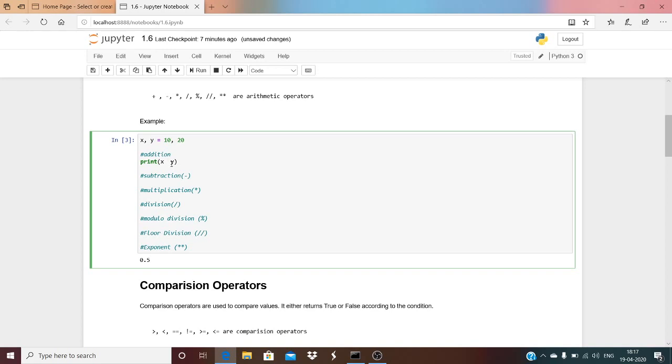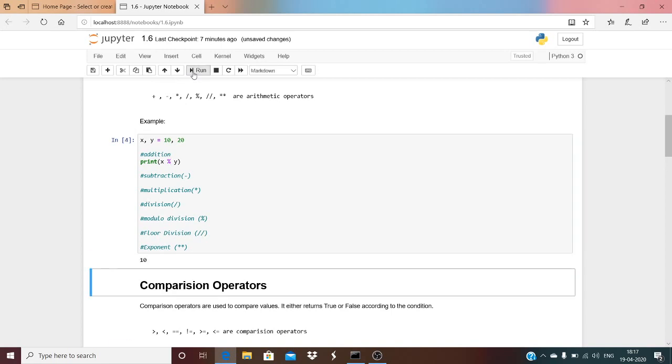X percent y. This means when we divide x by y, what remainder does it give? The remainder is given by percent. So 10 is the remainder given when we divide x by y. Okay, so we learned percent. Now floor division.